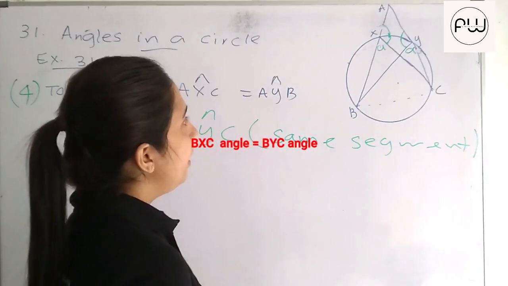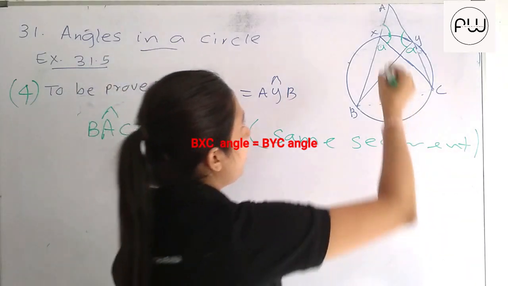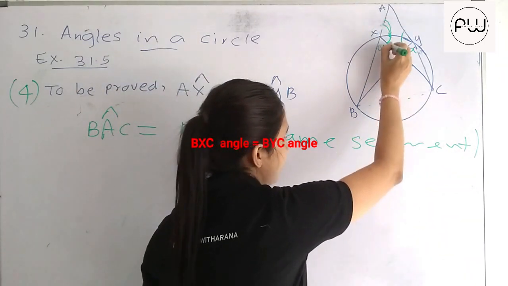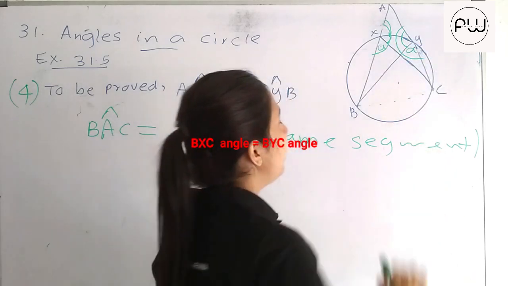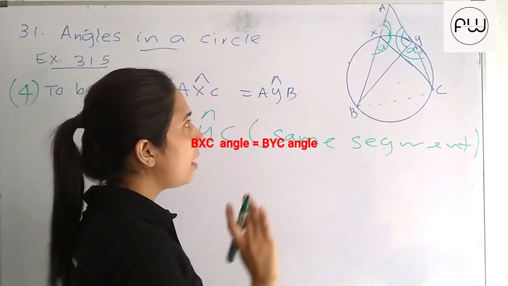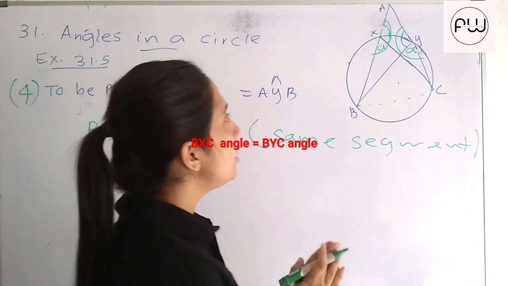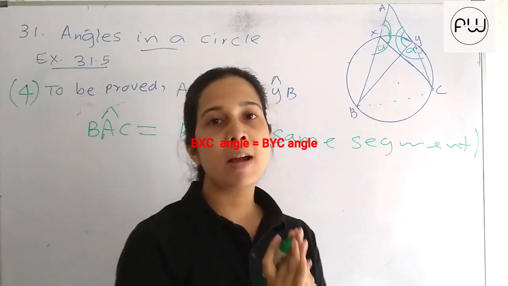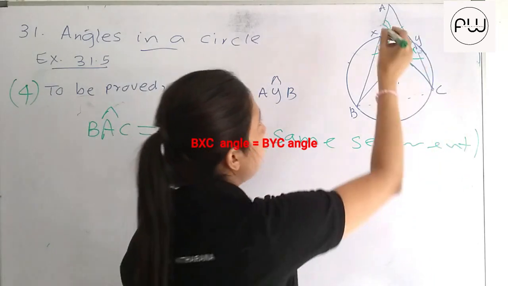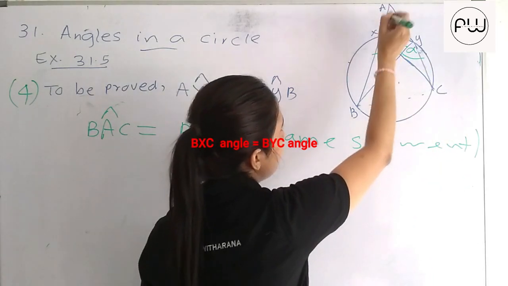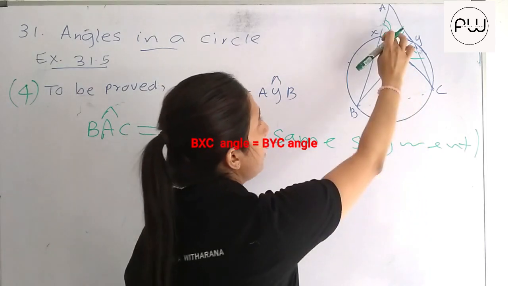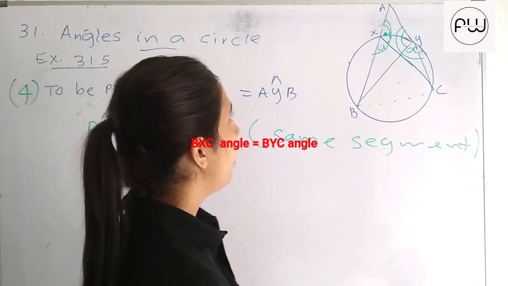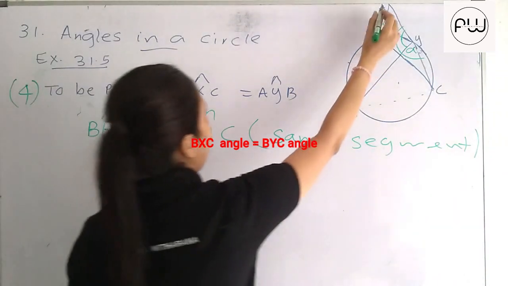Right. Then see this one. Now this is a straight angle and this is also a straight angle. The magnitude of a straight angle is 180 degrees. Then if we find the magnitude of this angle, it should be equal to 180 minus A. Now let's write this one.